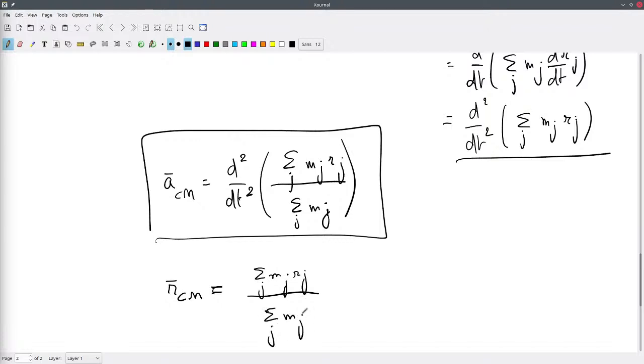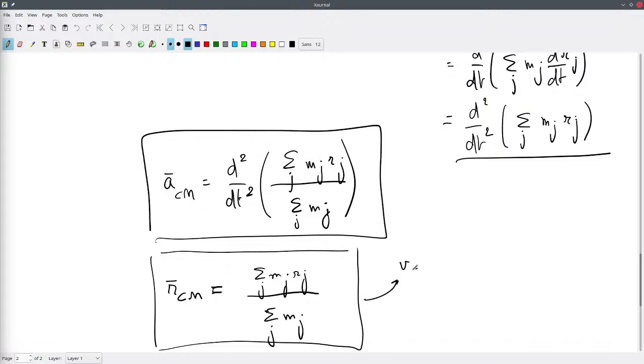So this is the center of mass position for this set of particles, and with that center of mass position we can calculate an acceleration, and of course we can also calculate a center of mass velocity, which is going to be d/dt of our center of mass.